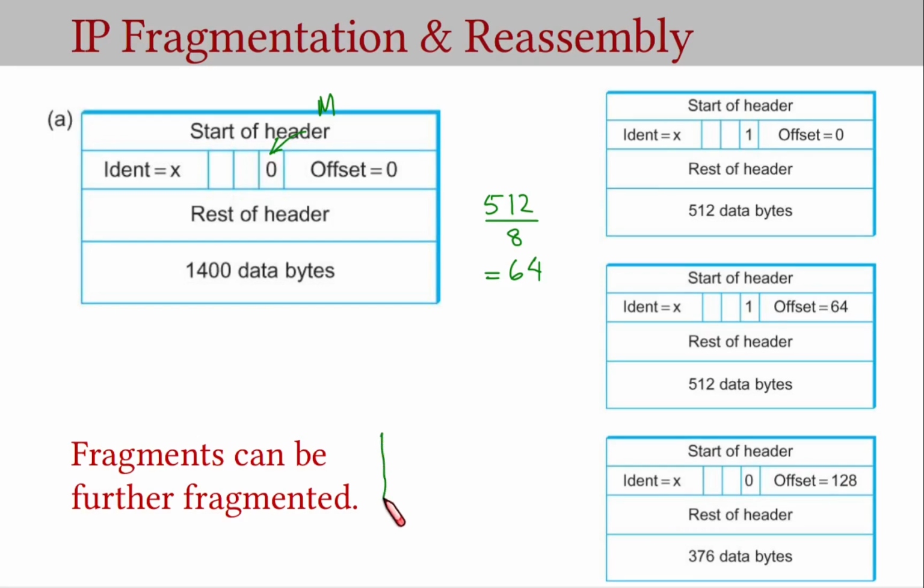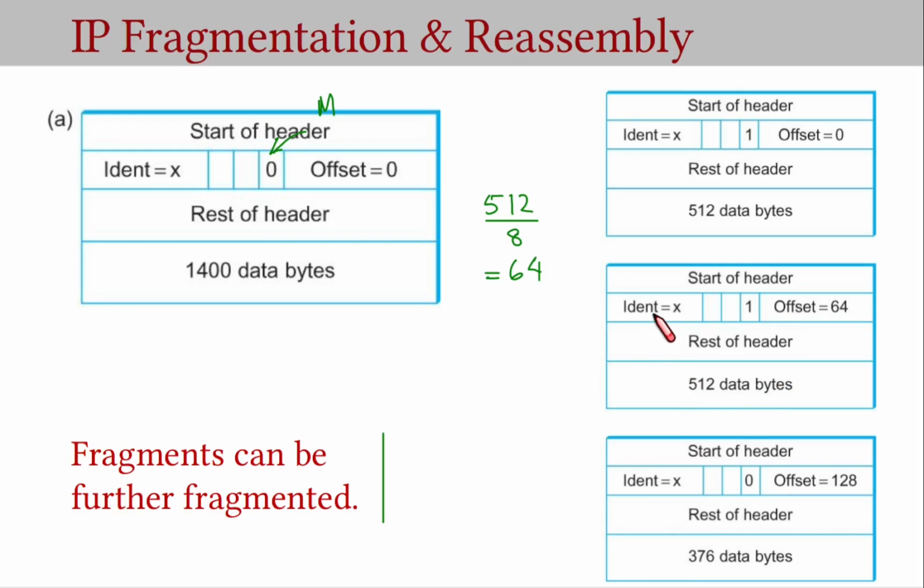Now you should be able to observe that by this design any fragment can be refragmented down the path. Suppose we want to fragment this further. So this fragment comes across a link where MTU is less than 512 bytes, and that's not a problem.